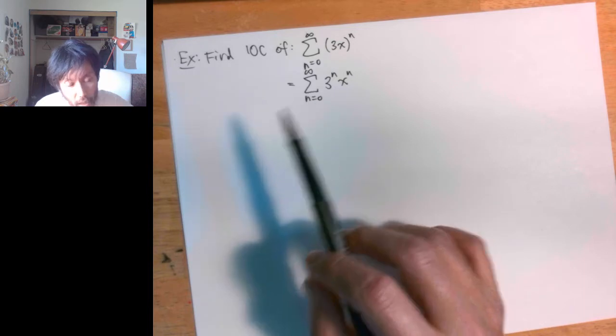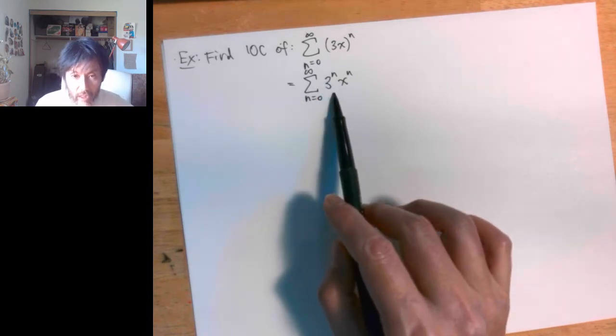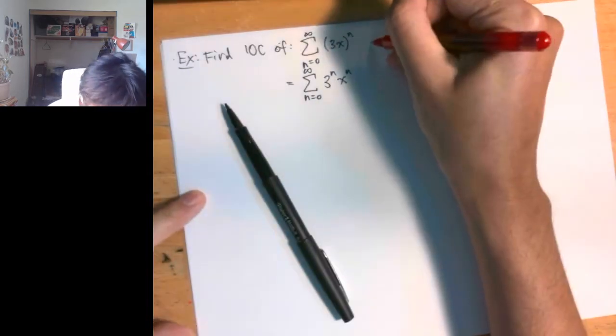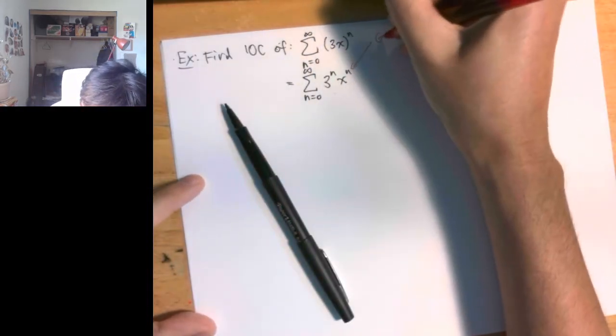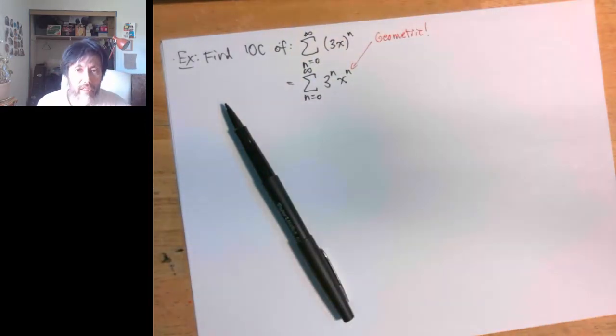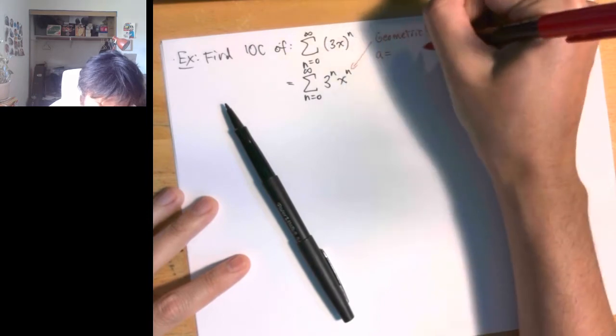You know why? Because in this very special case, this here is a geometric series. This is not going to happen all the time by any means. But this is a geometric series. And let's think about what a and r are.